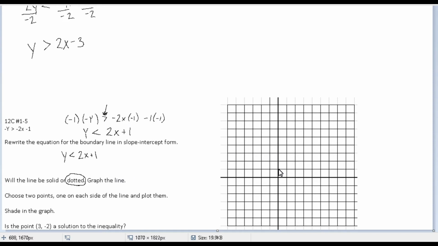Our y-intercept is 1, and our slope is 2. So up 2 over 1, up 2 over 1. And then if I want a point the other way, from here I'm going to go down 2 and backwards 1. Alright, I'm not going to be able to get it how I want it dotted, so.